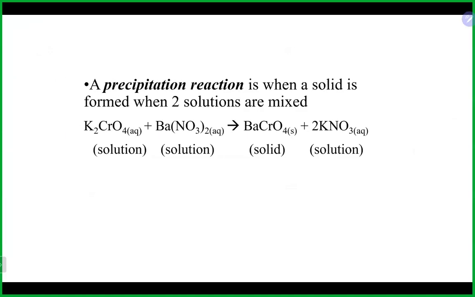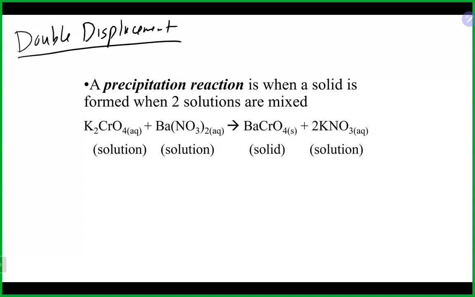Now, the other types of reactions are double displacement reactions. And that is the big umbrella. What happens in a double displacement reaction is you actually have 2 ionic compounds. That is how you know it's a double displacement reaction. You look on the left-hand side of the arrow, you see 2 ionic compounds there.